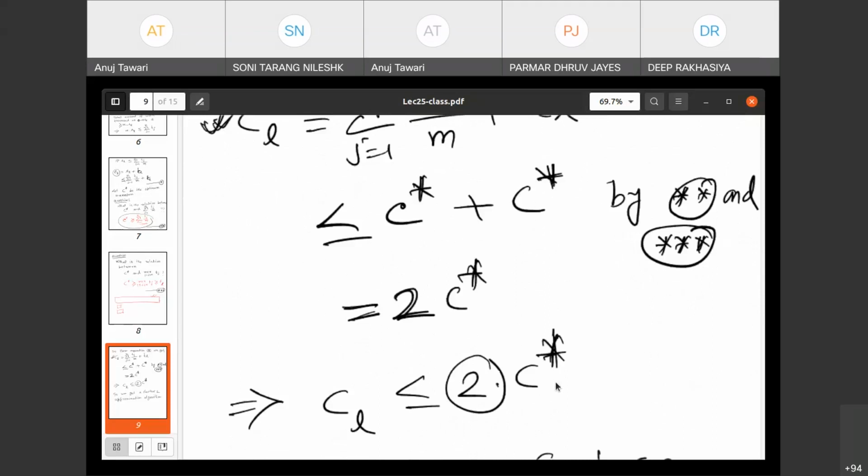So that will mean that you will have to exploit some other property, so that whatever your proposed solution is, it is less than 2. Maybe it's 1.5 times C star. So you have to exploit some other property of computing this optimum.